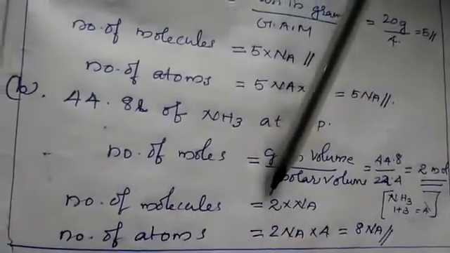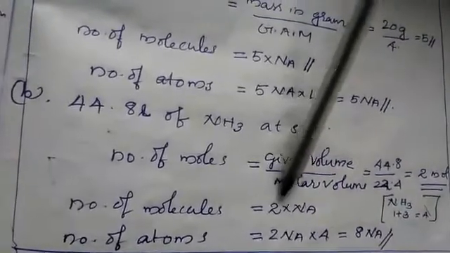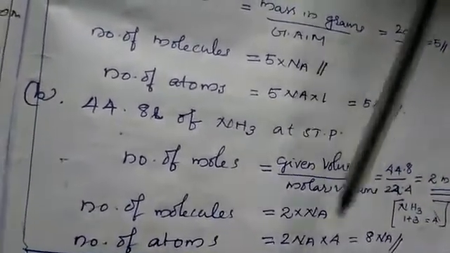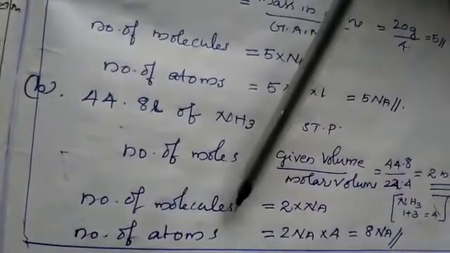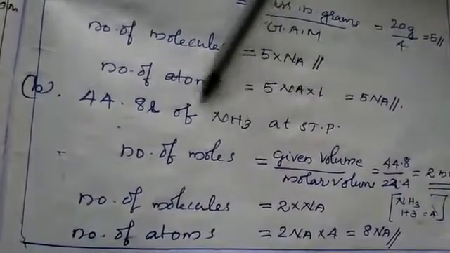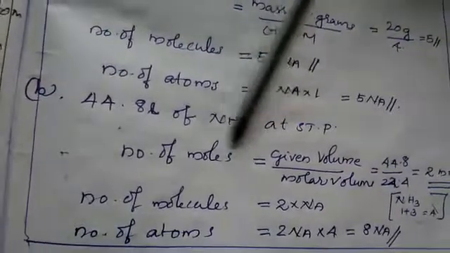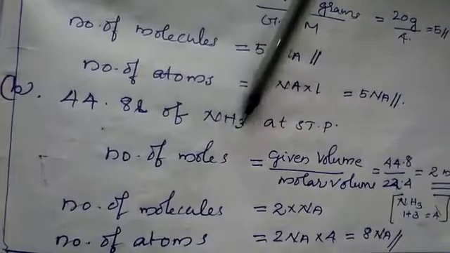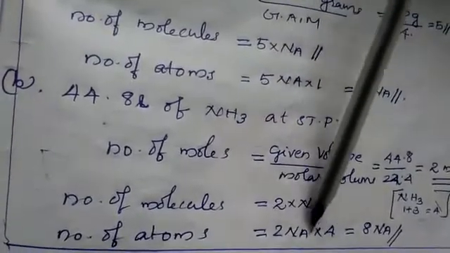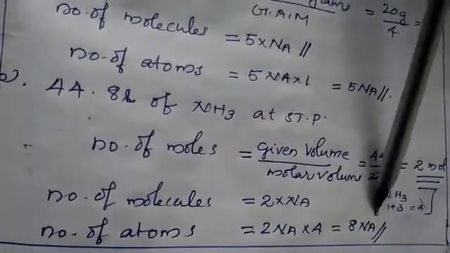I told you already, number of molecules is equal to number of moles into Na, that is 2 Na. How can we calculate the number of atoms? Number of atoms, number of molecules into how many atoms are present in ammonia. Ammonia is 1 nitrogen and 3 hydrogens. So that is 1 plus 3, that is 4. 2 Na into 4, that is 8 Na. Clear?